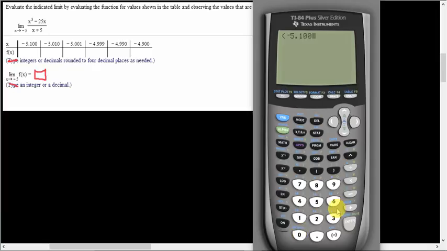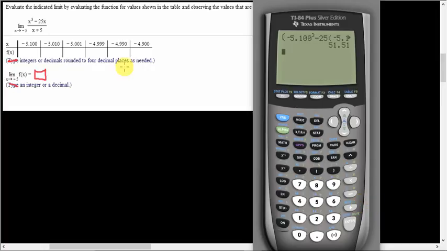-5.100, close those, 0 to the third minus 25, times -5.100, close those, divided by -5.100 plus 5.